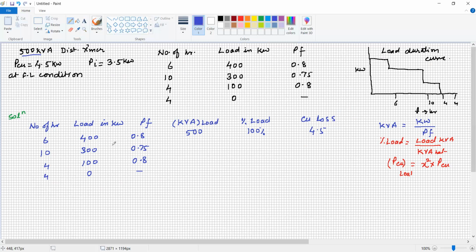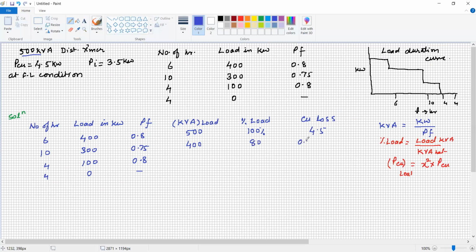Now 300 divided by 0.75 is equal to 400. So 400 divided by 500 is 80%, which means x is equal to 0.8.